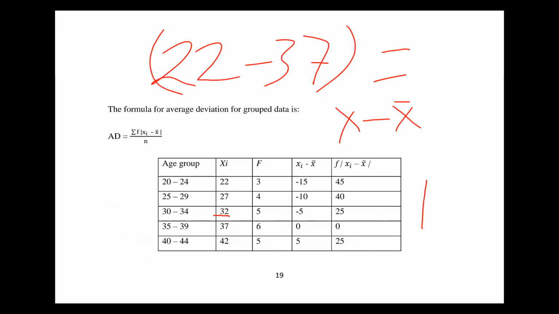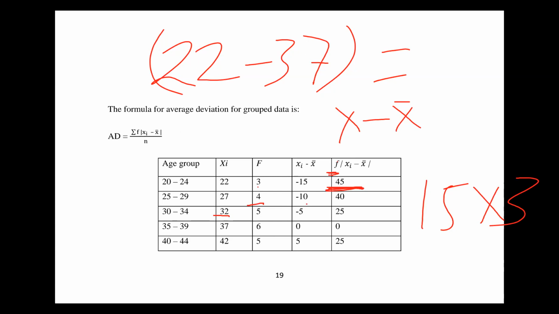So you have 15 multiplied by the frequency. The frequency is 3. So 15 times 3 is 45, right? That's what this frequency means. Frequency times the absolute deviation of that. 4 times 10. We have said it is absolute, so it's positive 10, not negative 10.